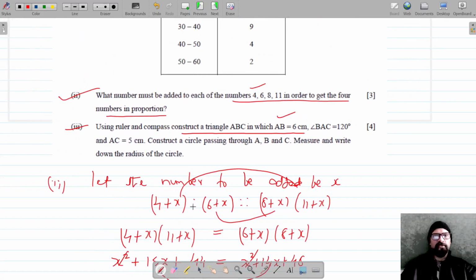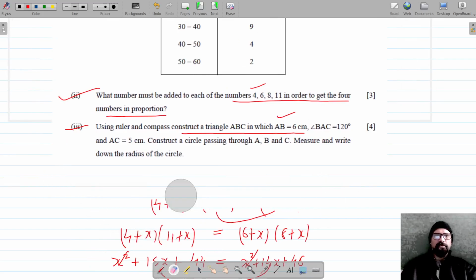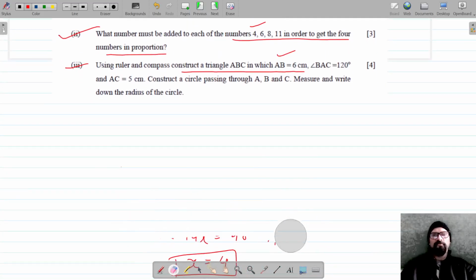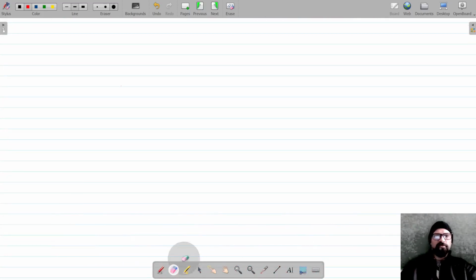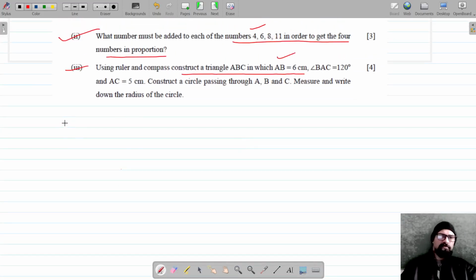AB is equal to 6 centimeter. Okay, for this, first of all, let's draw the rough sketch. And this is part 3. So the rough sketch will be this triangle ABC.